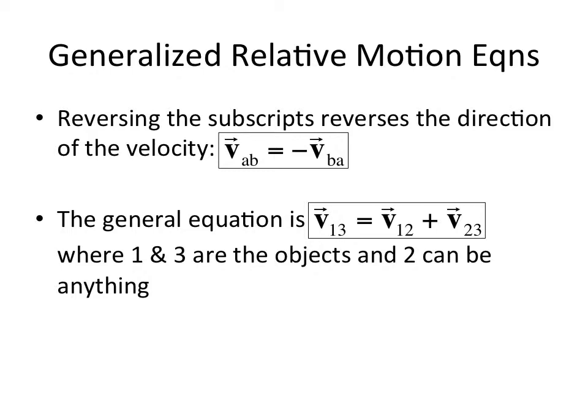All right, so you could say that a car moving over the road, so here's our car, is moving over the road. Generally speaking, the road is stationary, and the car is moving over it.